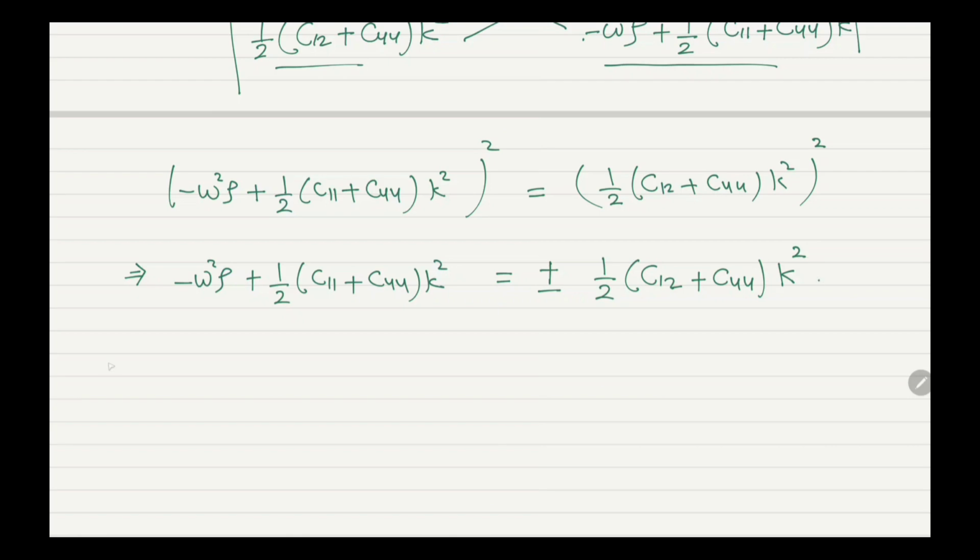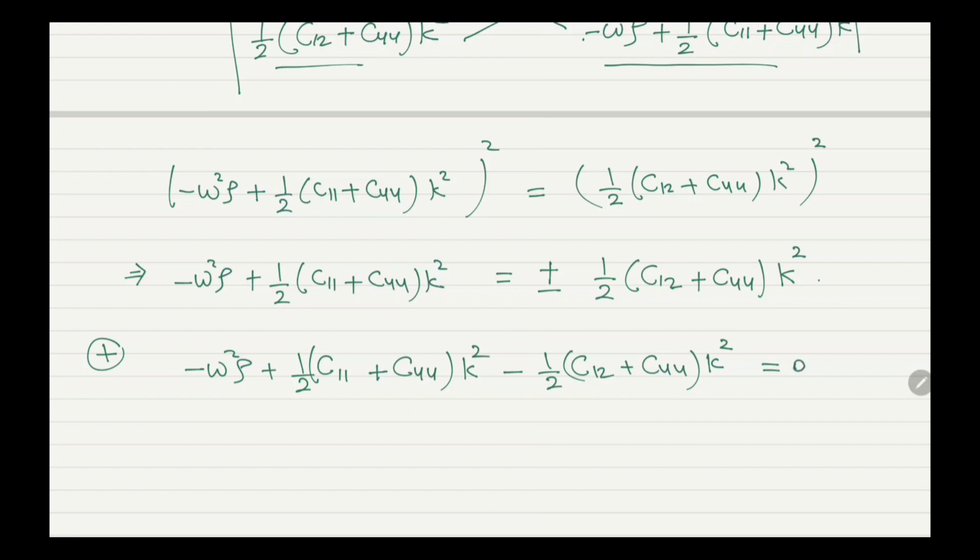Now if we take the plus sign, the positive one, you will see that minus omega square rho plus half C11 plus C44 k square, when you move this one to the other side, minus half C12 plus C44 k square, is actually equal to 0.